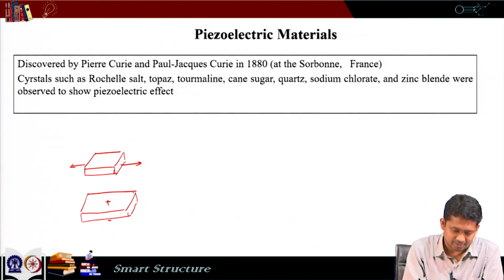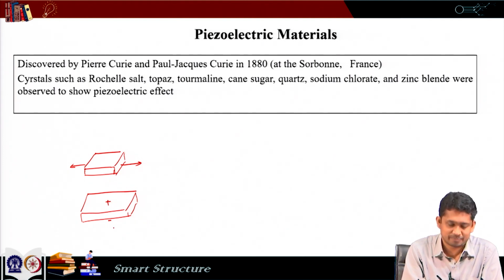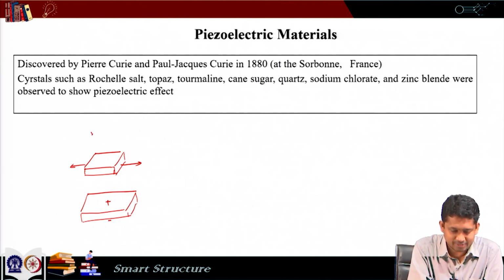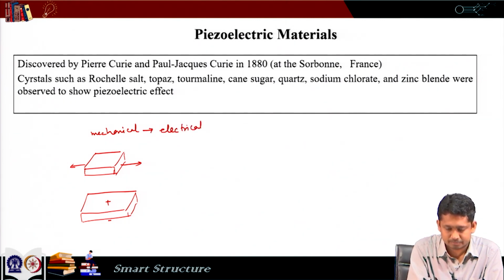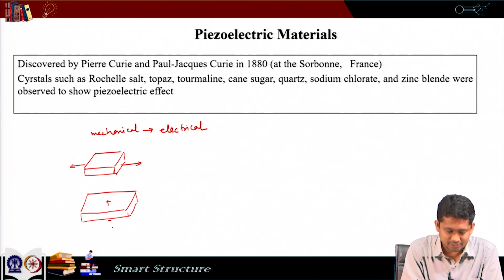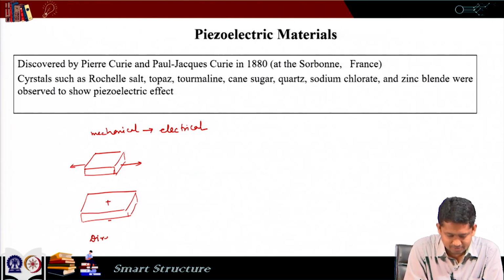So, we can find a potential difference across the two surfaces, and that is the effect of giving mechanical input to it. So, here the input is mechanical and it gives an electrical response. That is called the direct piezoelectric effect.